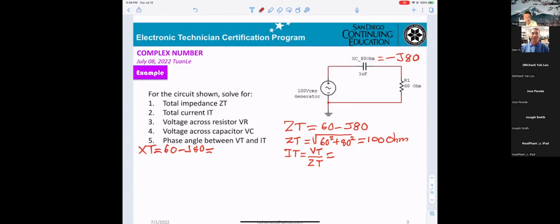However you get it, please let me know. Make sure you know how to convert it from the rectangular into the phasor.